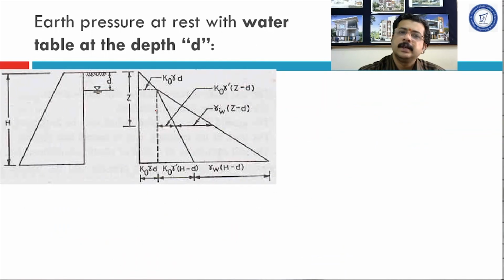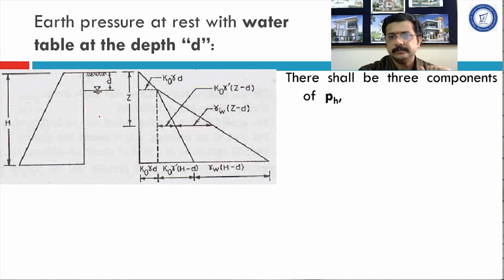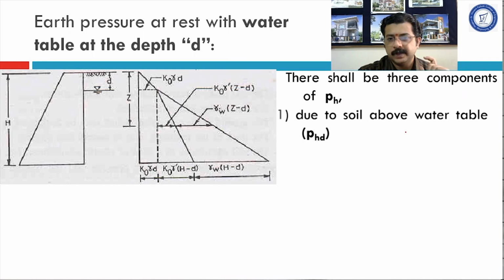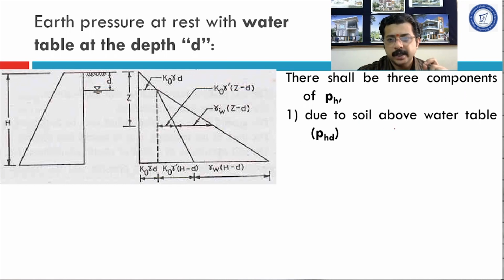Okay. Thereafter, this water table may be at some intermediate level. It may not be at the top. Let us say it is at depth small d from the top of the backfill. In this situation, what will be the effect on the calculation part? There shall be three components of horizontal pressure. First component, horizontal pressure due to soil above the water table, means this portion.